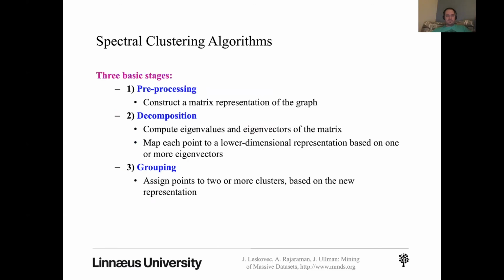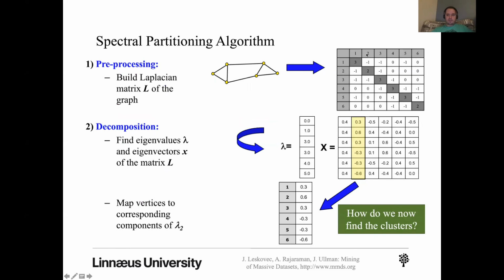This is just a summarization of the whole stage of spectral clustering. There's this pre-processing part where we're building this Laplacian matrix, right? Which we discussed. It's just degree minus adjacency. Very simple. Then we have the decomposition step, which is to find the eigenvalues and eigenvectors of this matrix.